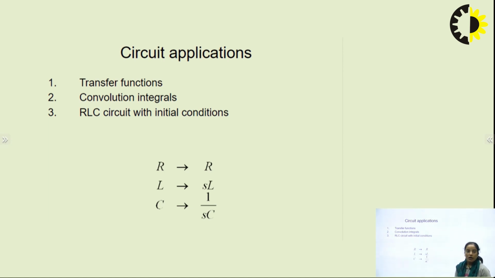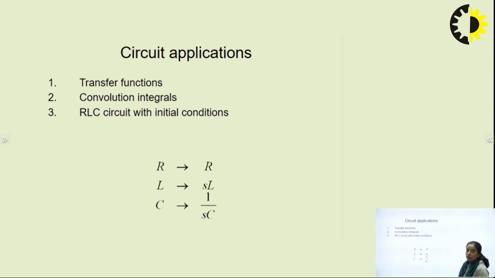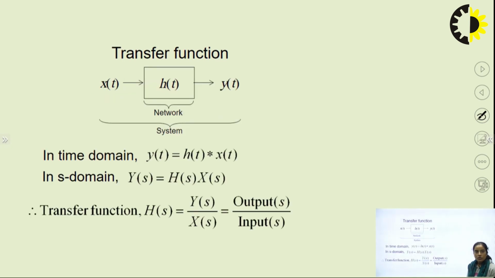We can directly transform circuit from time domain to S domain. When we transform circuit from time domain to frequency domain, resistance can be written as it is, R, and then L can be written as S into L, and C, capacitor, will be written as 1 by S into C.